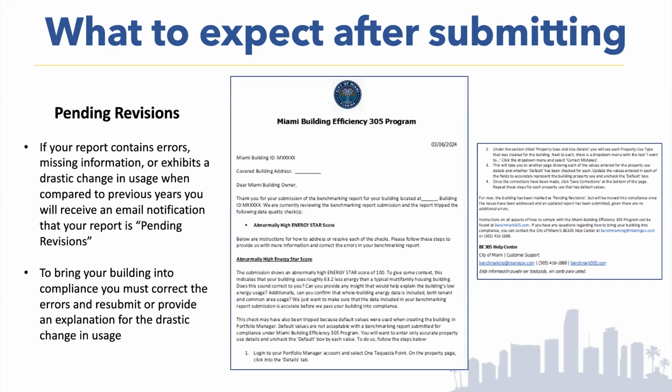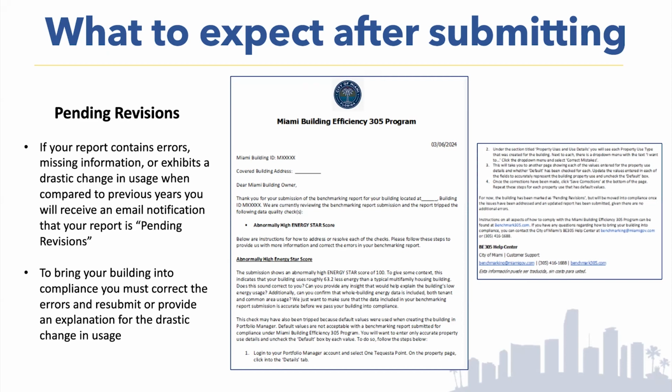To bring your building into compliance, for sure, read through the email. The email will most likely walk you through how to fix the errors in your report. If there are any changes made in your Energy Star after fixing those errors, just please resubmit the report so the system can receive the updated information, and then you can hopefully receive that compliance email the following day.